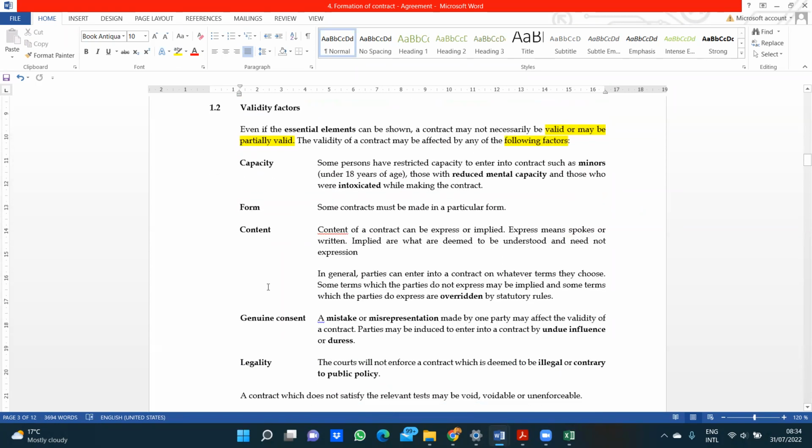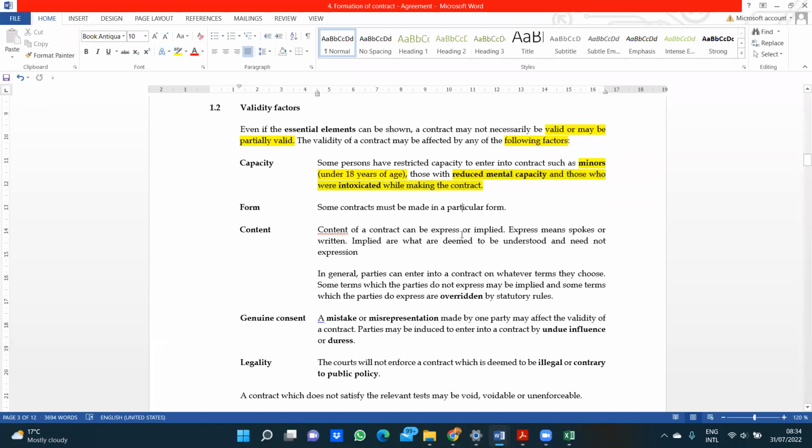First of all, capacity. Some persons have restricted capacity to enter into contracts, such as minors under 18 years of age, those with reduced mental capacity, and those intoxicated while making the contract, of course.